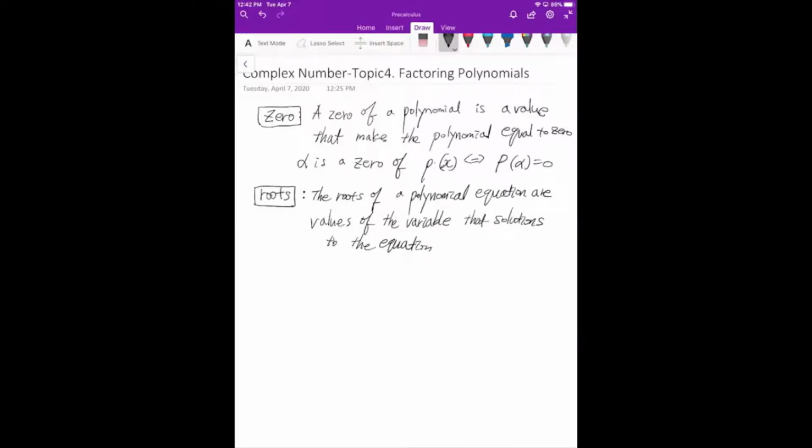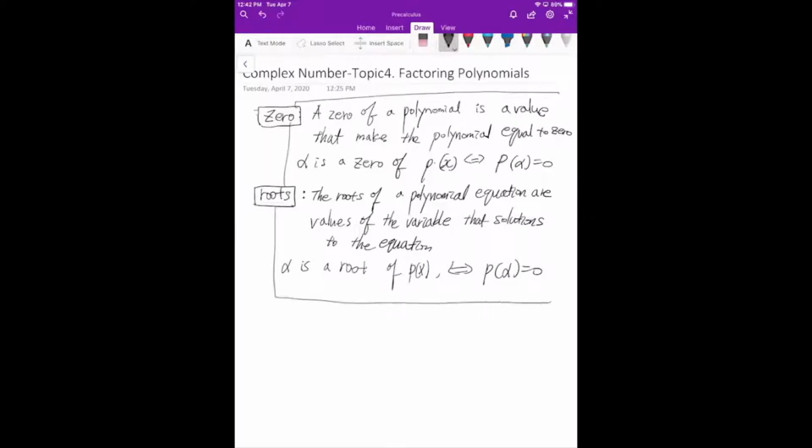So you can also understand that when alpha is a root, or a solution of P(x), then P(alpha) is also 0.